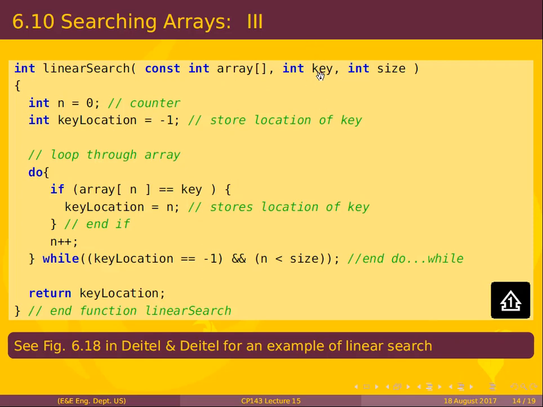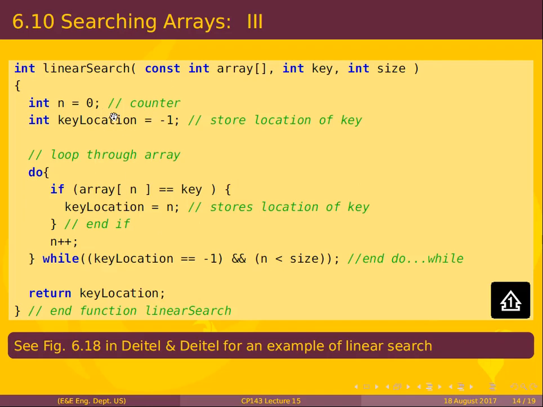And we have a key. That's the key to which we want to compare our elements. And then we have the size of the array. The size of the array is used in this do while loop. So I'm going to iterate, I'm going to keep on going while the number of elements, my counter, n being my counter variable, is less than the entire size of the array.